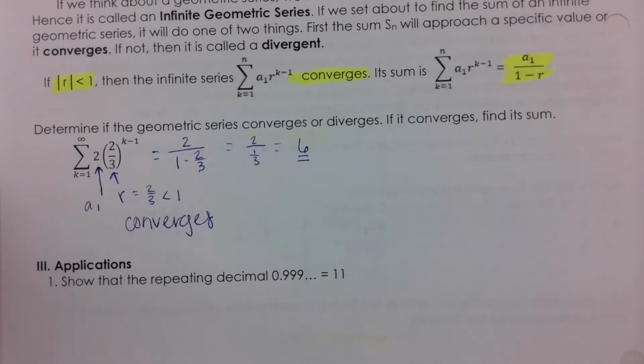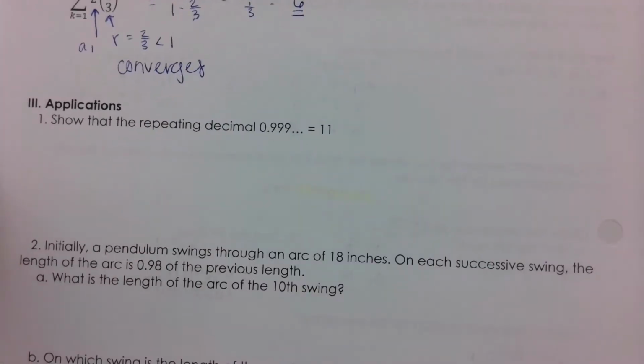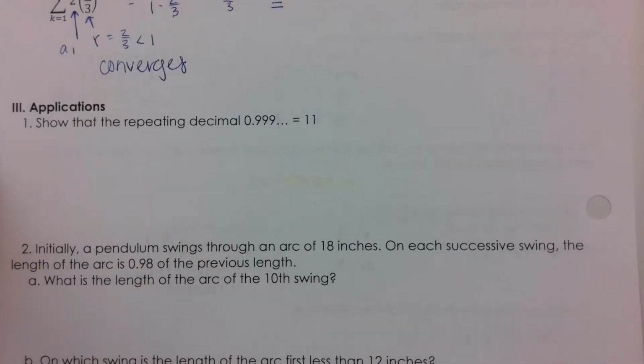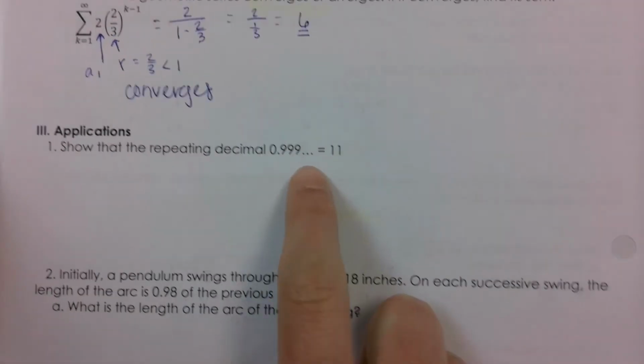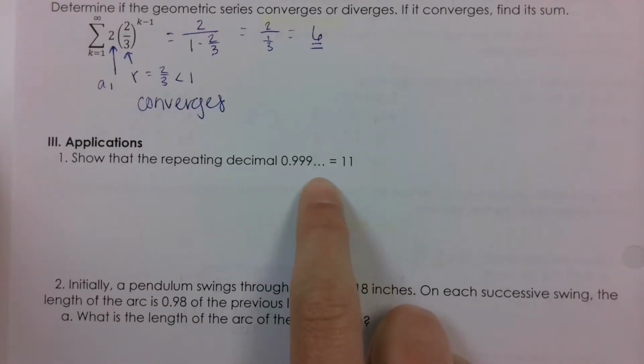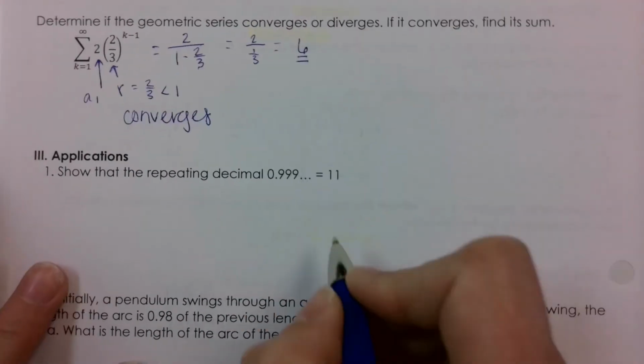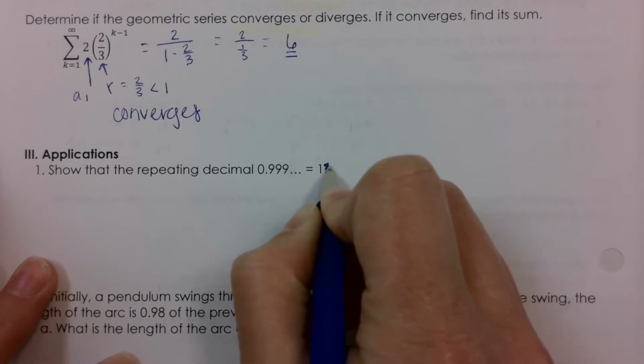You all right? Okay, so we've got a couple applications down here, and honestly, I don't know that you'll use, especially this first one, but we're going to go over it anyway. We want to show that this repeating decimal equals 1, it should be 1 there, not 11. Again, that's a typo, sorry.